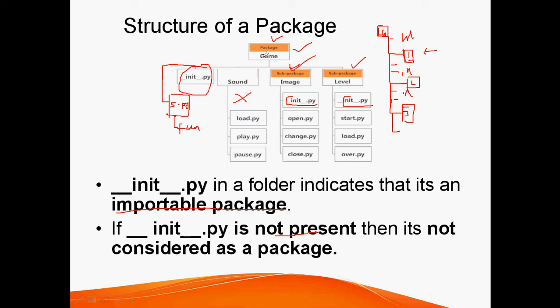So the top level package can also have some Python files or modules, and sub packages may also be there. These are modules: open.py, change.py, close.py, start.py, load.py, over.py. These are actually modules in the sub packages. Level has 3 modules in it, and here image has 3 modules in it. This is not at all a package.